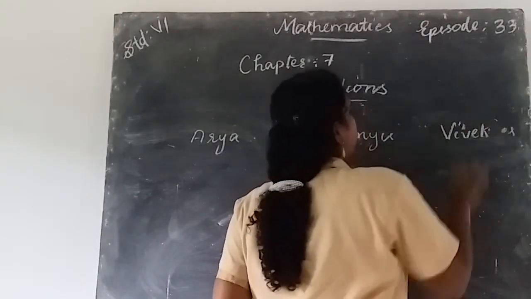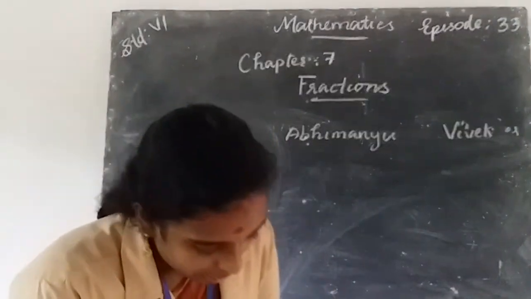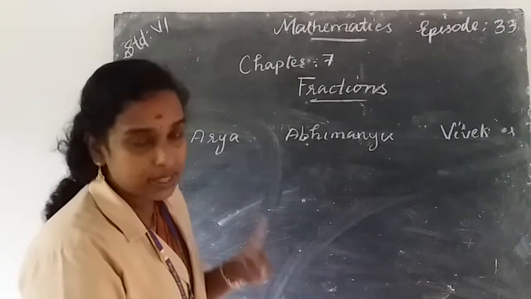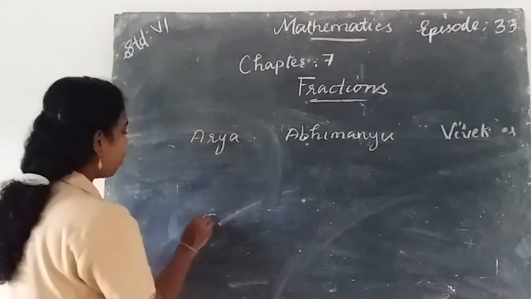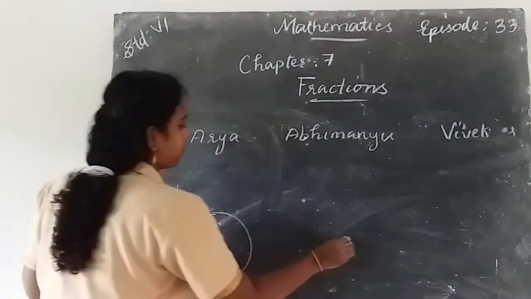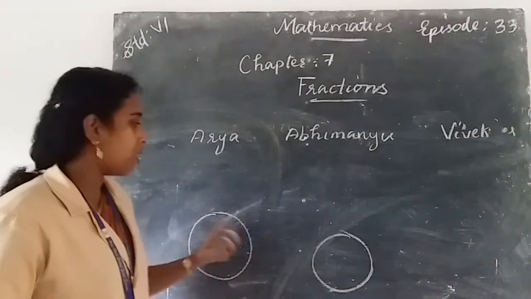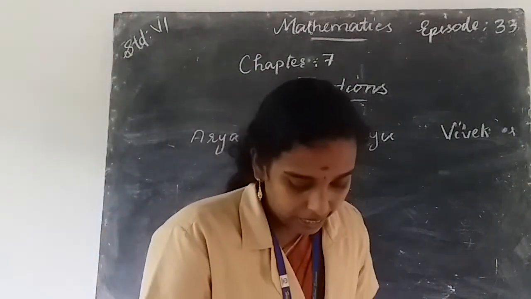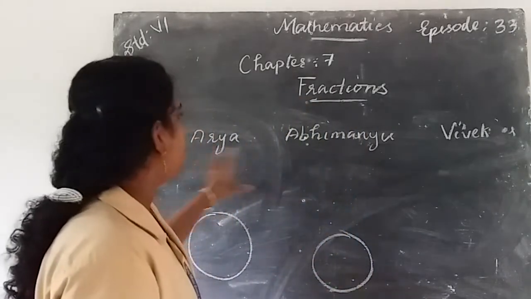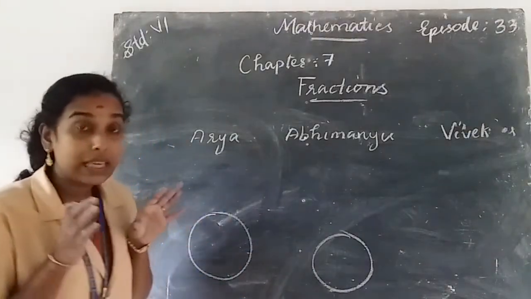And Arya divided his lunch among his friends. Arya brought 2 sandwiches, one made of vegetables and one made of jam. And he divided them equally among his friends. Arya, Abhimanyu and Vivek divide these 2 sandwiches equally.